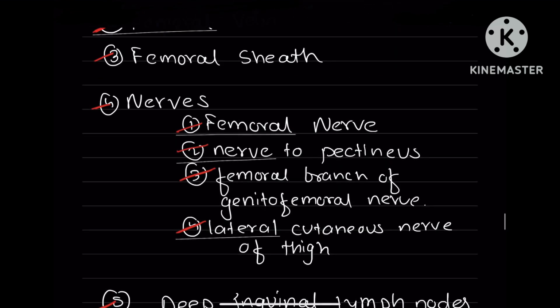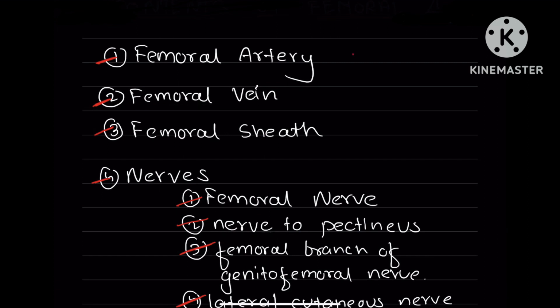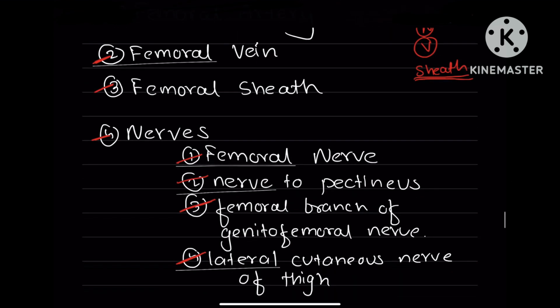The simple trick to learn all this: femoral artery, nerve, vein, that is the femoral sheath, most of the content, and then nerve to pectineus, then femoral branch of the genitofemoral nerve, and lateral cutaneous nerve of the thigh.